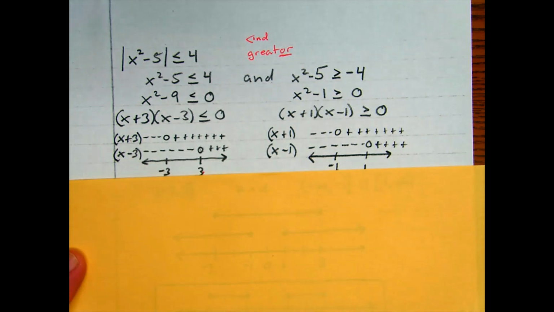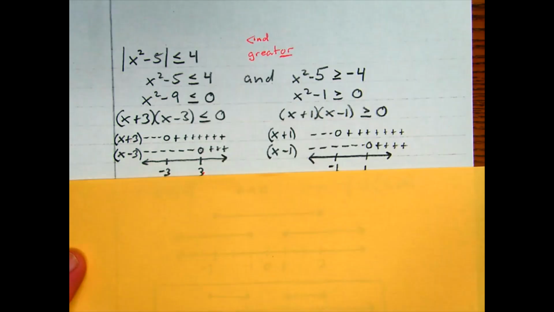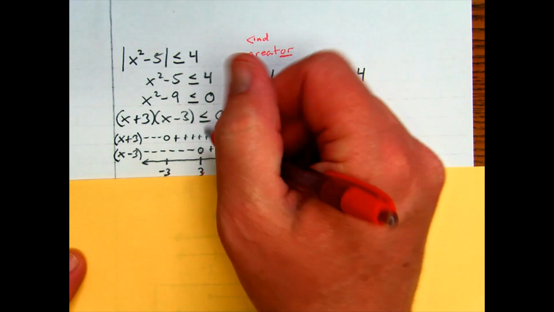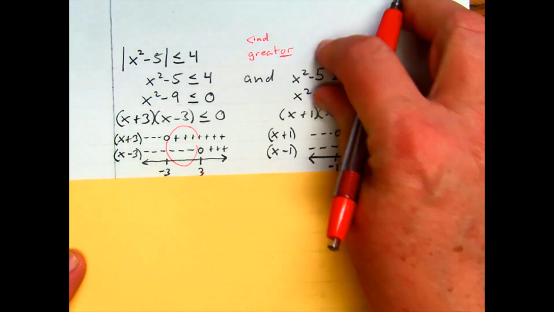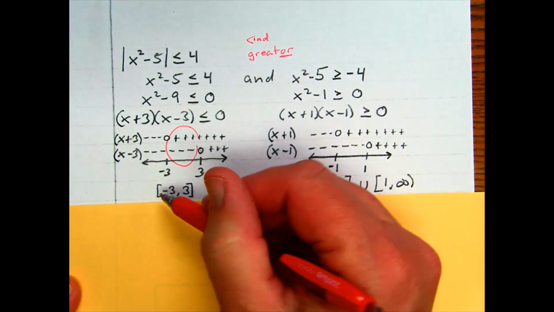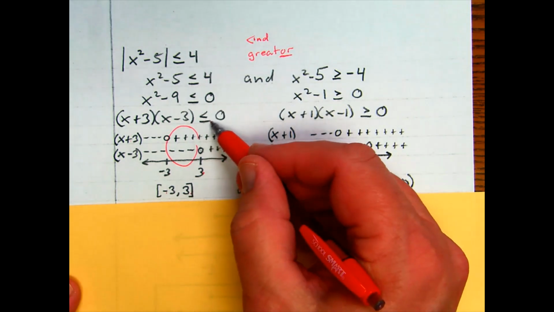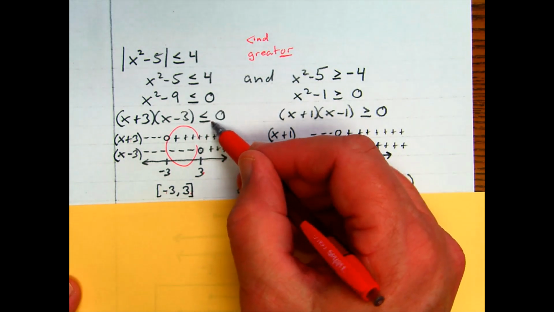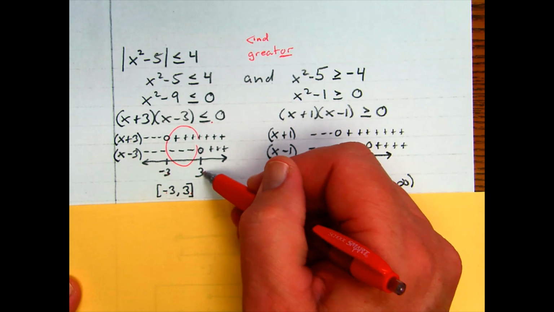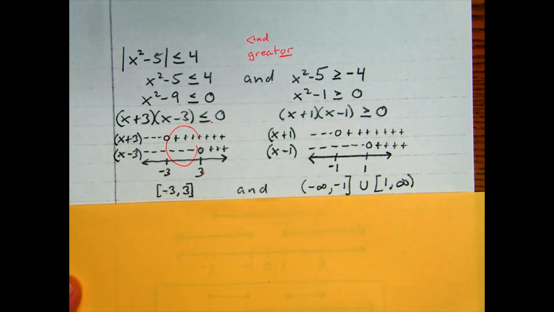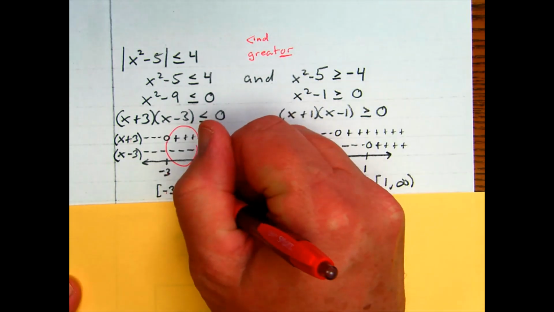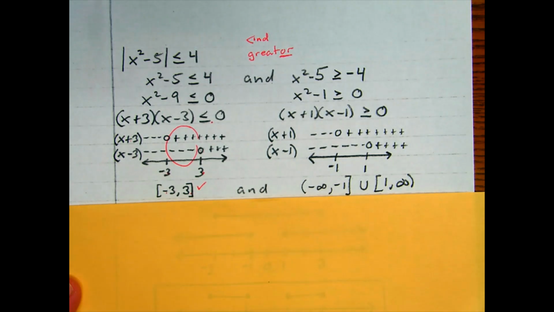Same story here and here. We're looking for a less than, so that means we're multiplying two things together where the sign's different. So we are looking at the interval, negative 3 to 3. You have the equal sign underneath, so that means we want those endpoints of negative 3 and 3. They cause it to actually equal 0. So this solves the left half of our problem.